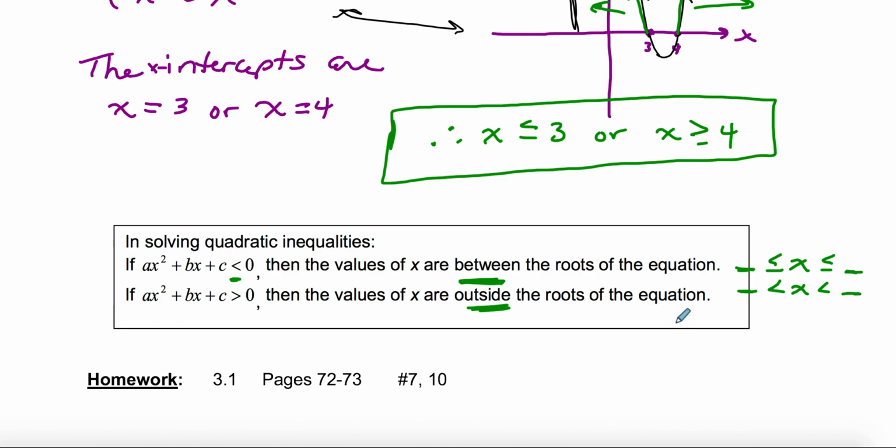If you're looking for where the values of x are going to be outside the roots, that's when we have values that are greater than 0. So our answer for this section would look like x is less than some value, or x is greater than some value. We could also use less than or equal to symbols if that's what is in your question.